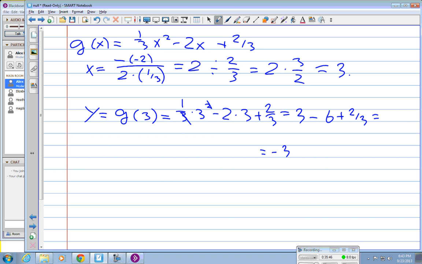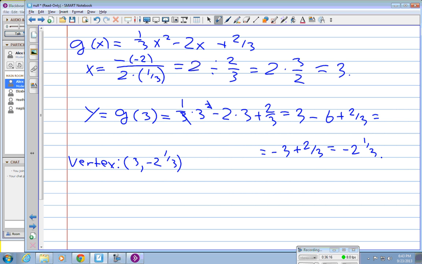So this is negative 3 plus 2/3, which is negative 2 and 1/3. Right? So this is the vertex of this parabola, 3 and negative 2 and 1/3. So that would be the minimum value, negative 2 and 1/3.